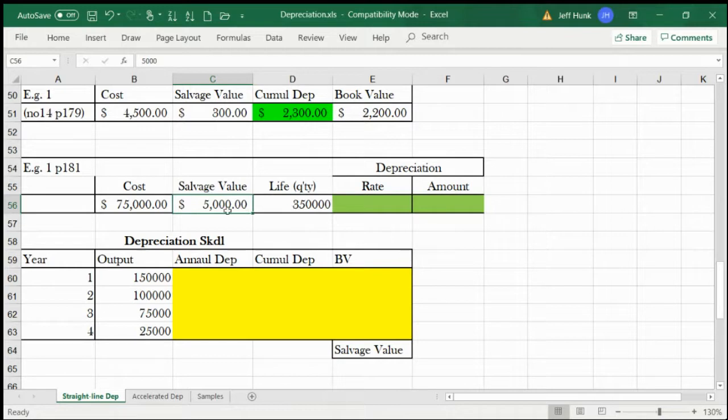So let me turn it into $150 for scrap metal value.